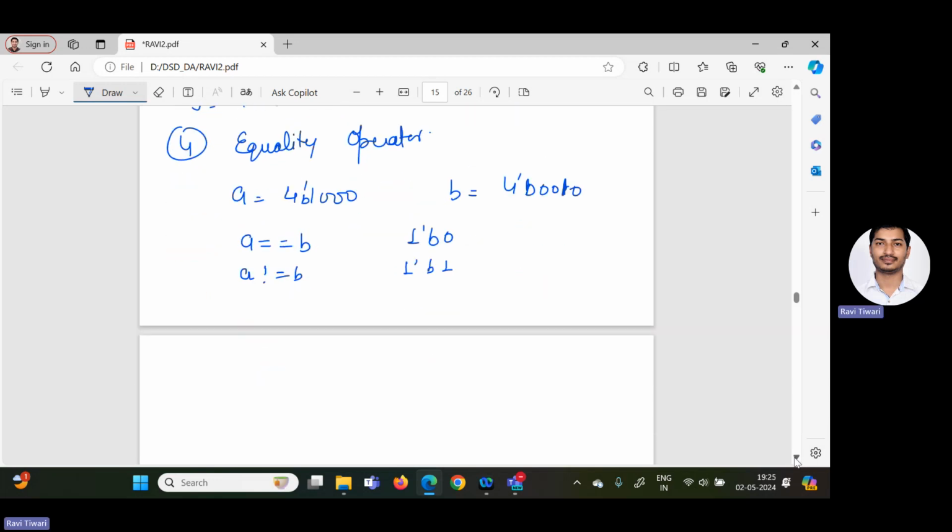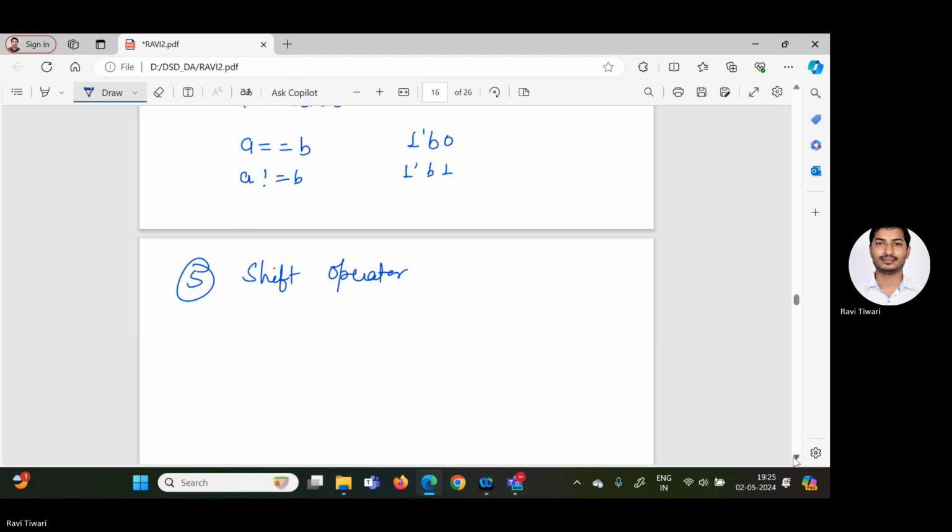Now we will see the shift operator. That will be the fifth part here. So in the shift operator, this sign is used for the right shift, and this sign will be used for the left shift. Now I will give you an example.